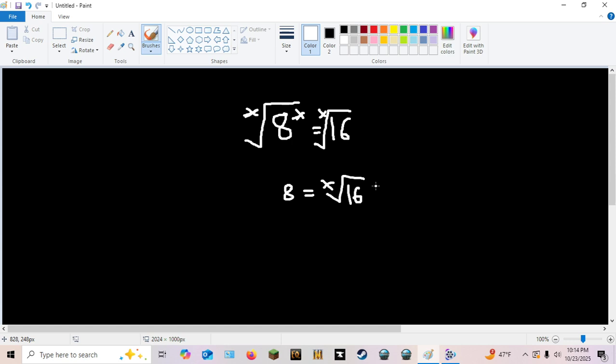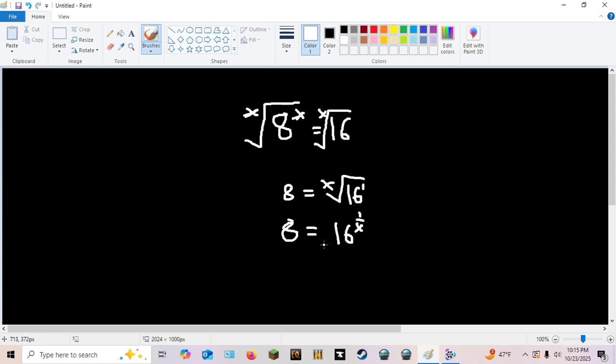We have to find common bases. So let's convert 16 into a fractional exponent, okay? So 8 is equal to 16. By the way, there's a 1 over here, just to make sure, if you're wondering.